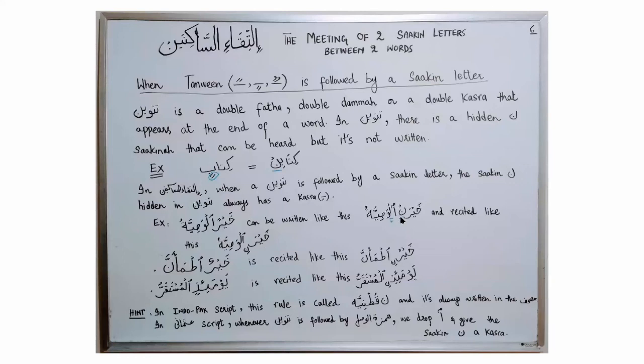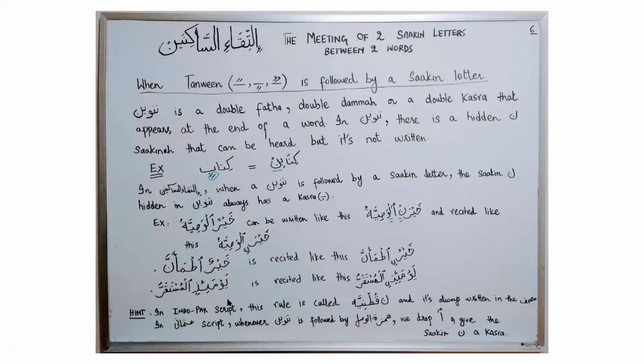You will give this noon a kasra, and you will join this with the lam, which is the sakin letter of the next word, and you will say khayranil wasiyatu. If you see in this example, you will recite it like this: khayrun yatma'anna. You will give the sakin letter noon a kasra, and you will join it with letter ta in order to avoid the meeting of two sakin letters, and you will recite it like this: khayrun yatma'anna.